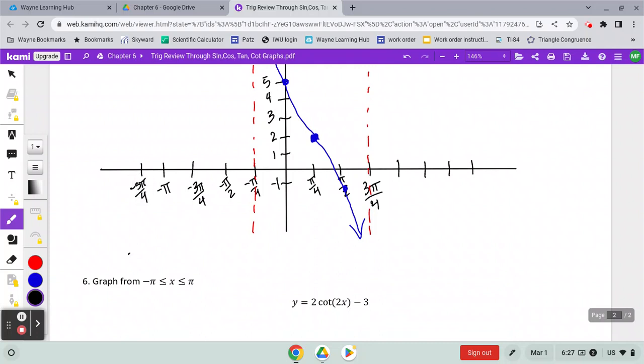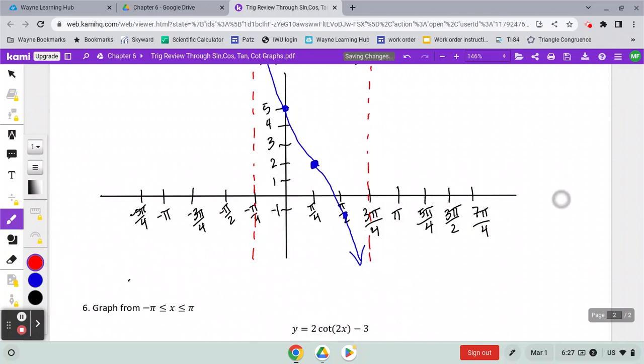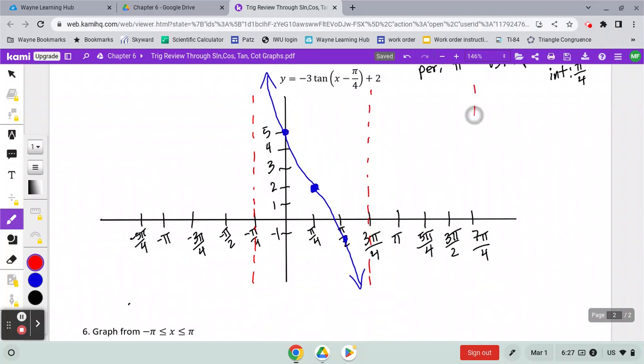Going the other way, it'll be pi, 5 pi over 4, 3 pi over 2, which is like 6 pi over 4, right? And then 7 pi over 4. Okay. We know the asymptotes occur, 3 blanks in between, and then an asymptote. So we got that set up. Go the other way, got it set up.